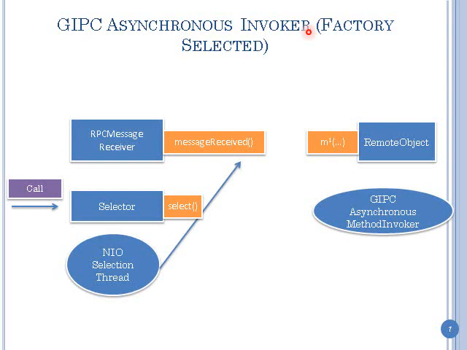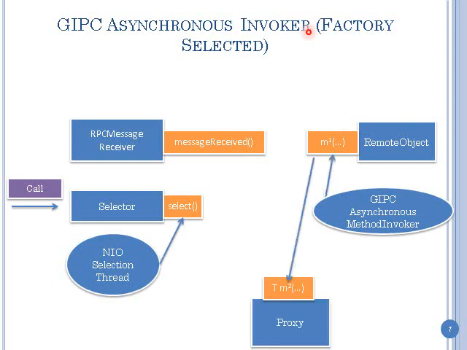I've got something wrong here. Message received should really go and, I don't think I create the thread after this is called. I create the thread before. I have to change this diagram. See, this is where you need my other system.